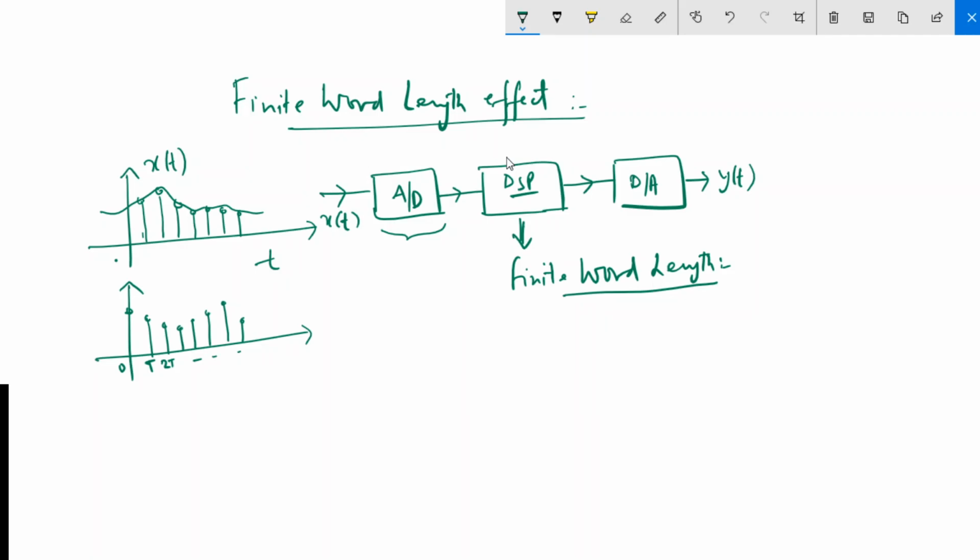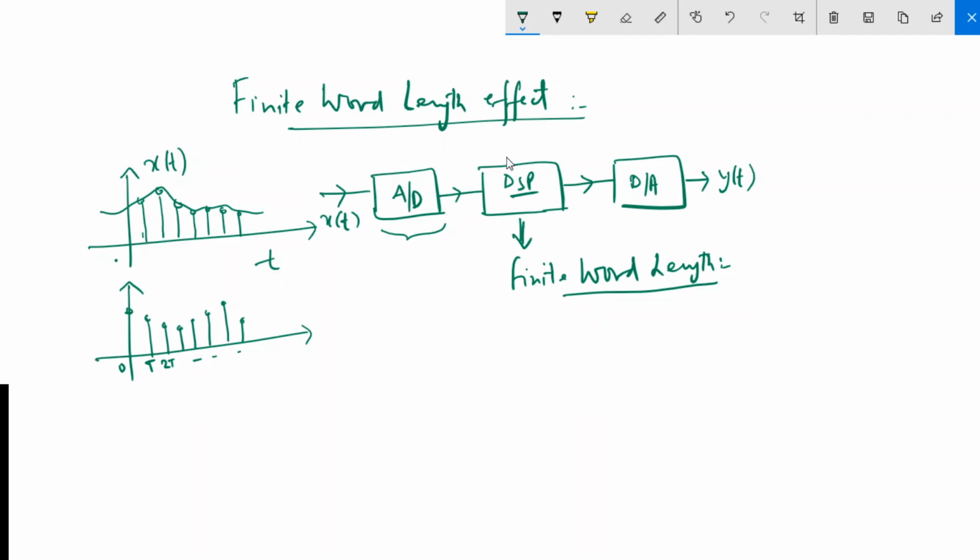Then we sample the next amplitude and hold it for some time, and then that is again converted. So it acts as a switch. Okay, so this is sampling.